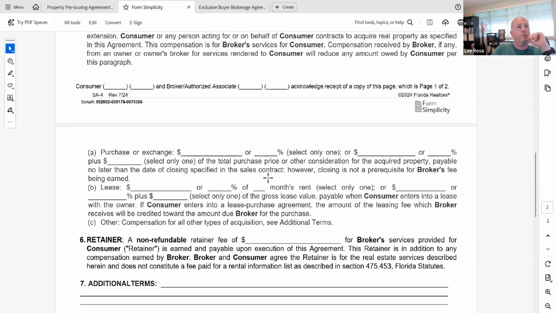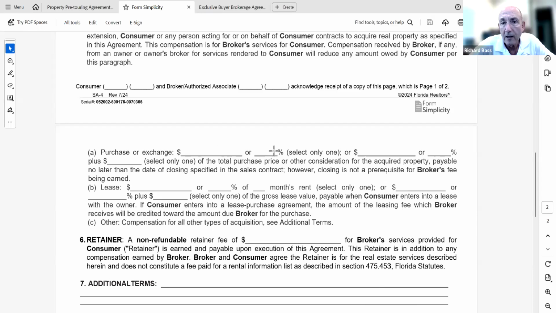Okay? And here it's talking again about what our commission is. You've got a set fee or a percentage. What most of you will be using is the second box, where it's a percentage plus your transaction fee. If you're not charging a transaction fee, you can use this first set.